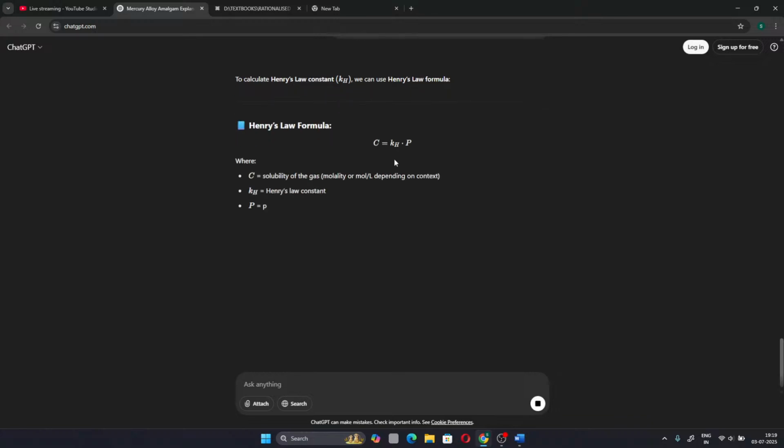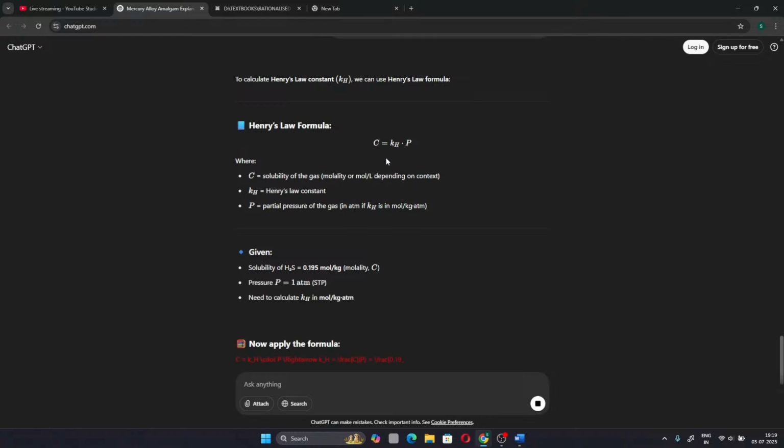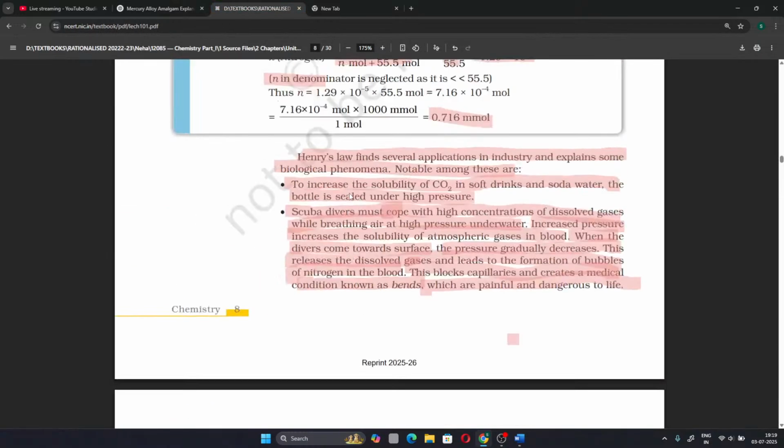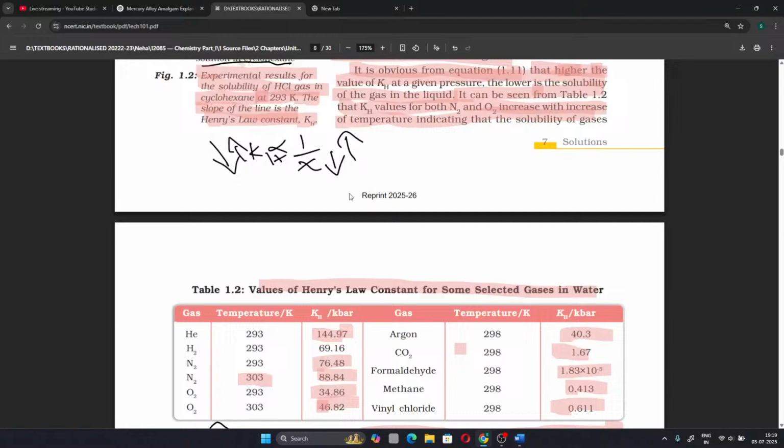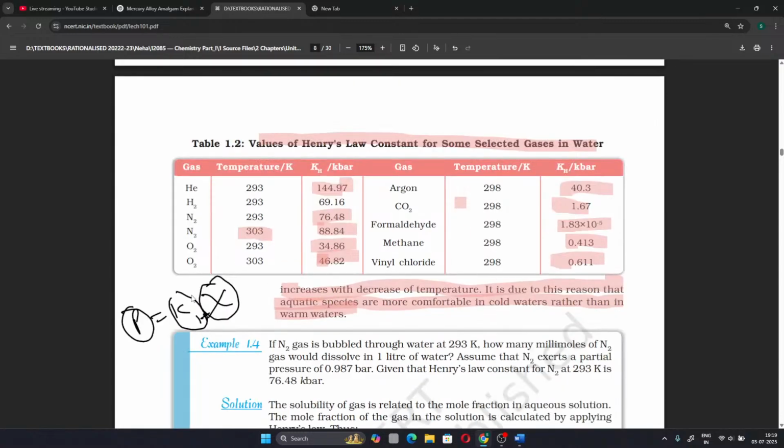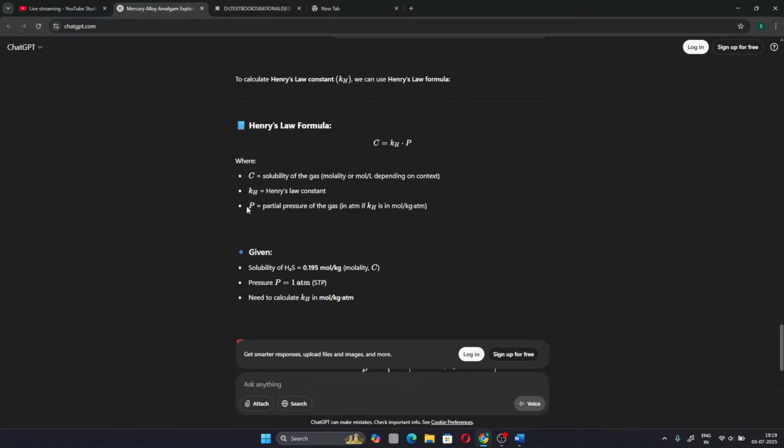Henry's law formula: P equals KH times mole fraction, and another form is solubility equals KH times partial pressure.